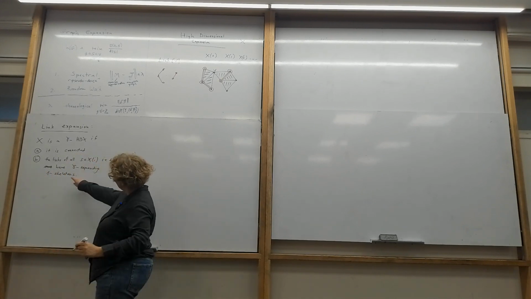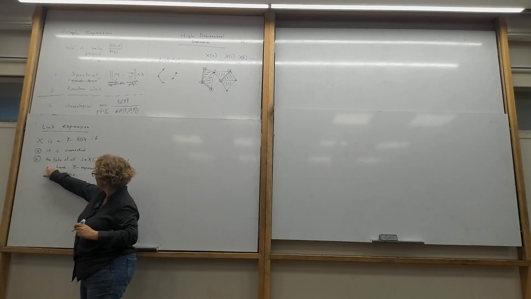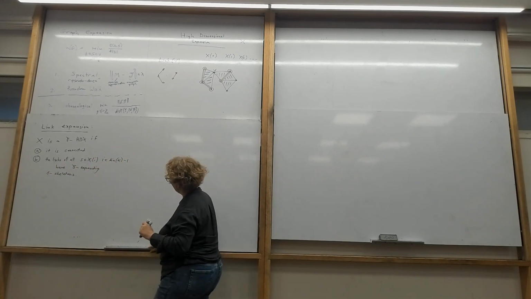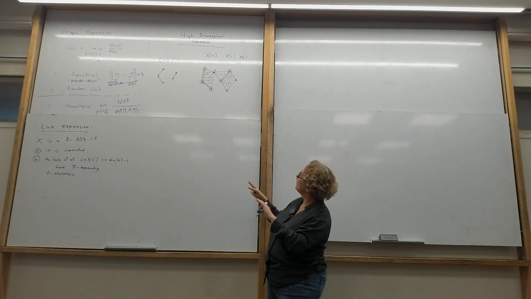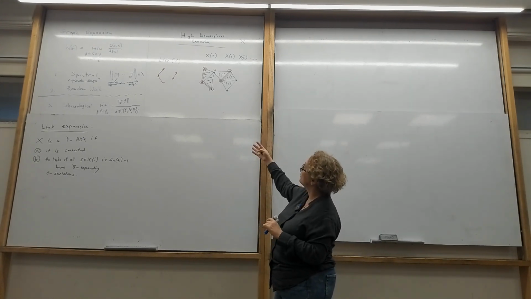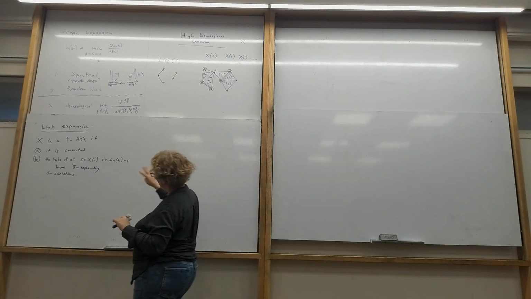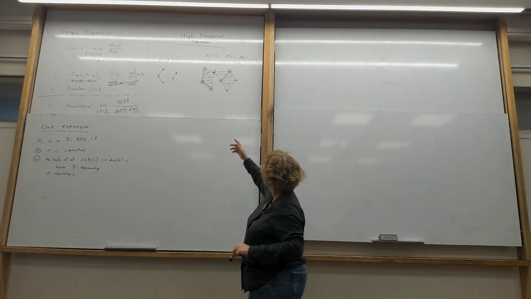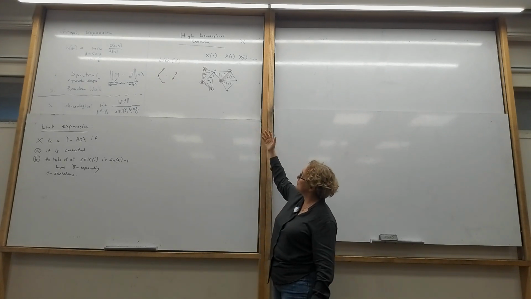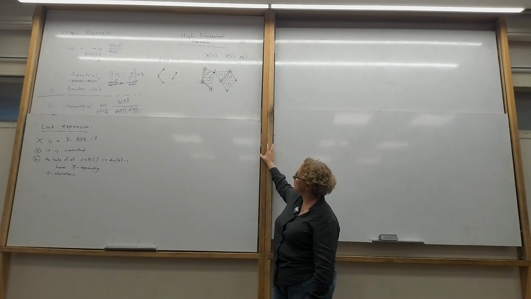So the 1 skeleton is just, you look at the link. The link doesn't have to be just a graph like it is here. It can be higher dimensional. You only look at the vertices and the edges. That's your 1 skeleton, and you want this thing to be a gamma expander, right? So in my picture, the link of V is not a gamma expander. It's not even connected.